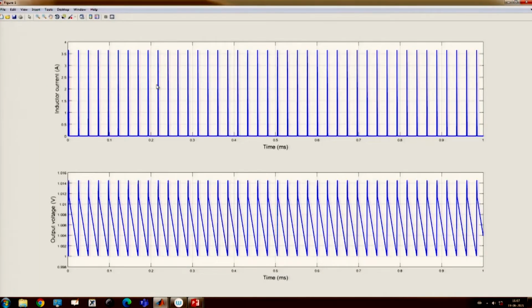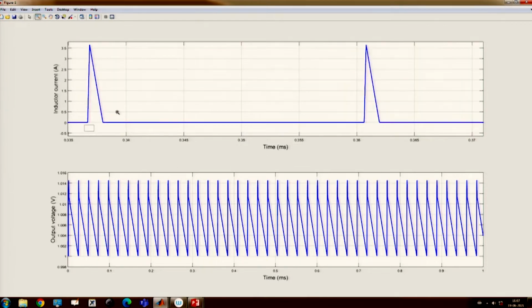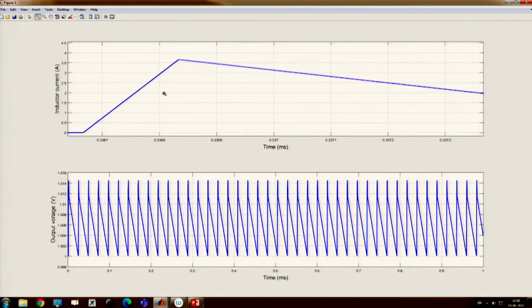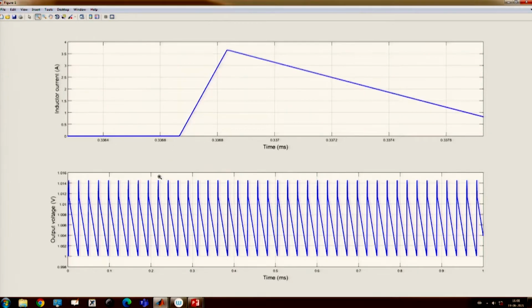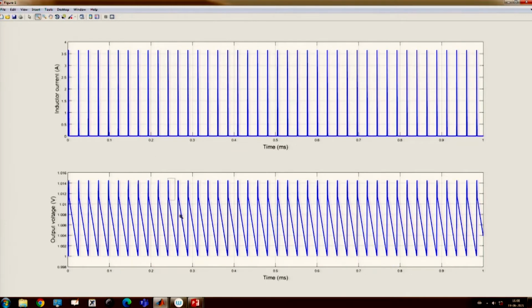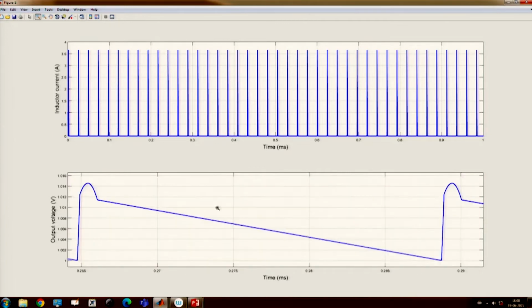So, you can see this is a constant on time where the switching frequency will vary. That means this is the duration of the on time which we set, and we can decide it based on our requirement. But interestingly, you will find how this logic works if you zoom into one cycle of the output voltage.